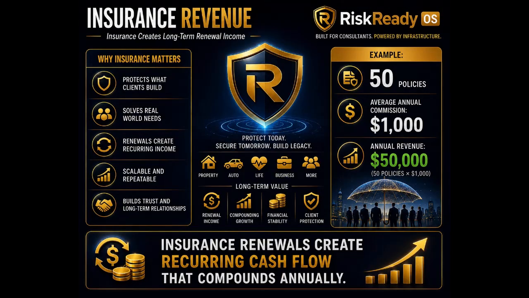Insurance creates another recurring income opportunity. Many business clients need proper insurance coverage before they can look credible to lenders, partners, landlords, vendors, and contracting opportunities. In this example, 50 annual policies, each with an average annual commission of $1,000, generate $50,000 in annual revenue.